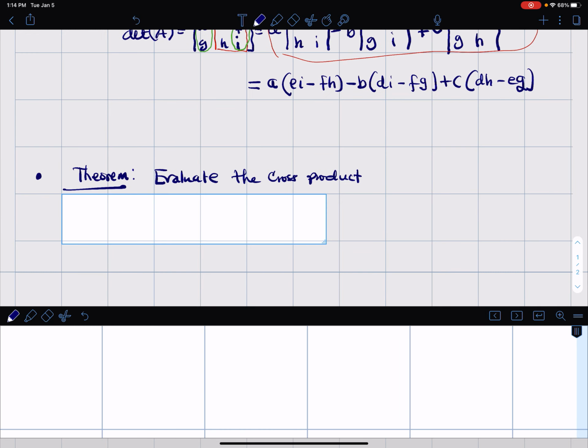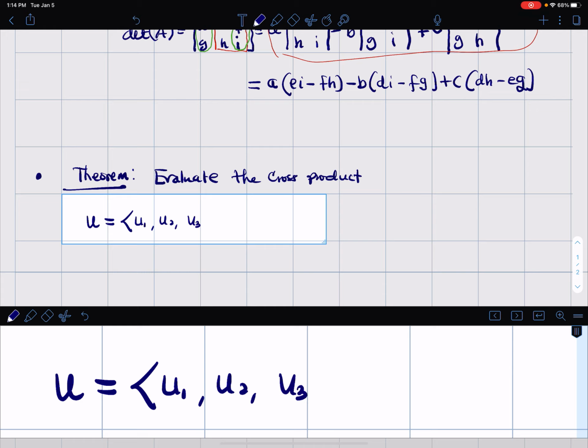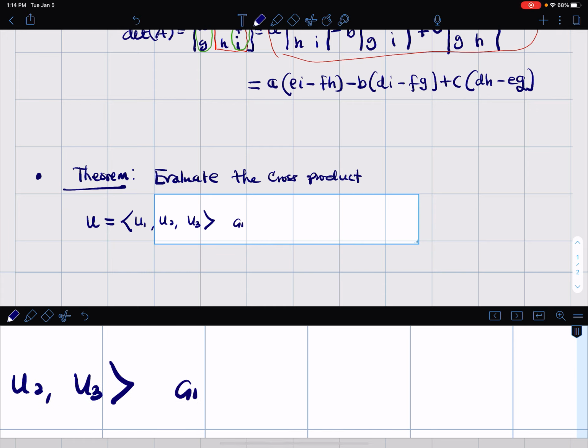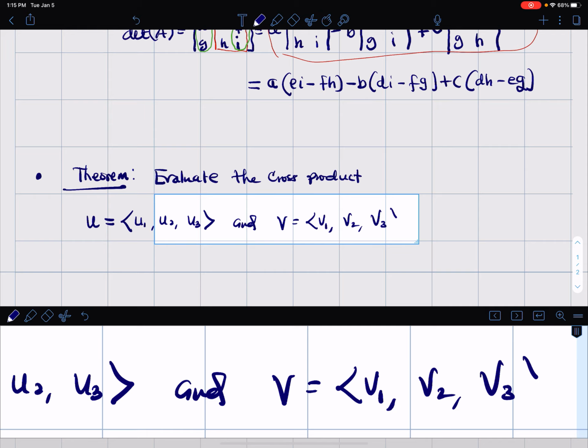Assuming we let U be equal to (U1, U2, U3), and V equals (V1, V2, V3).